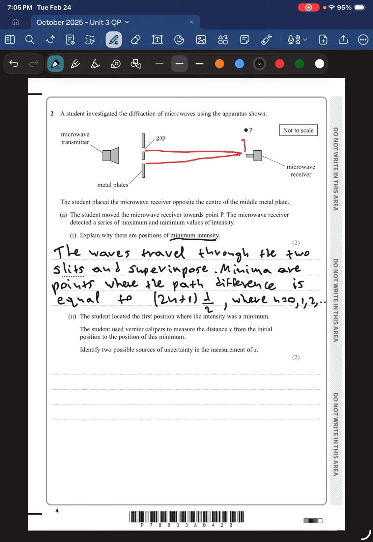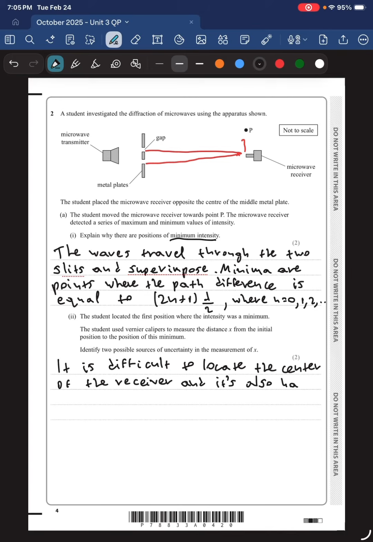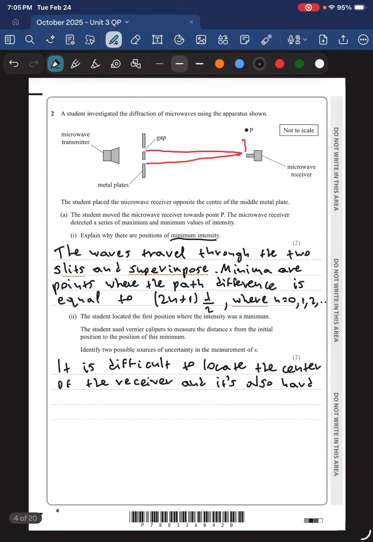Identify two possible sources of uncertainty in the measurement of D. So first of all, it is difficult to locate the center of the receiver, and it's also hard to ensure the calipers are parallel to the plates.